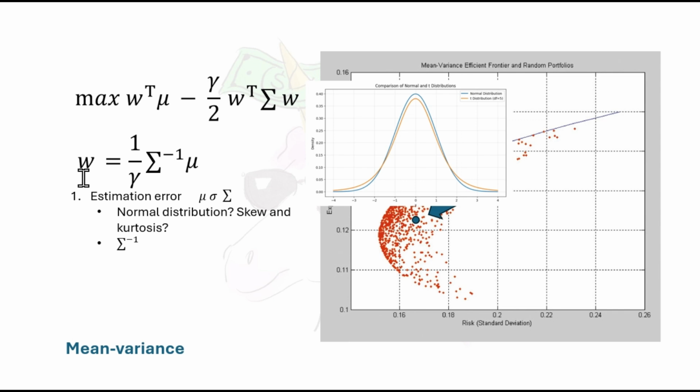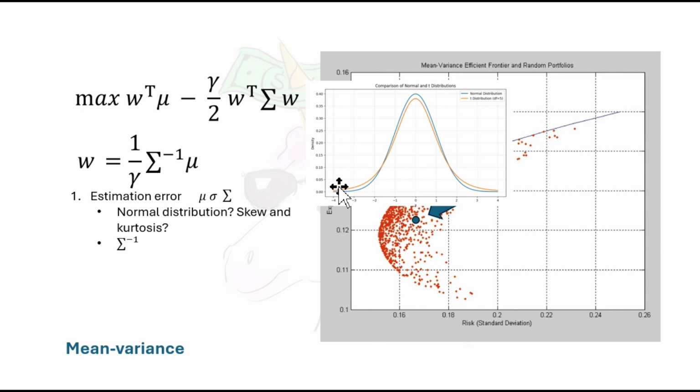The mean variance method assumes our returns to be normally distributed. But as we know, normal distribution is often not a good assumption when it comes to financial data. Many times we can observe fat tails. So maybe in this case, a t-distribution is a better approximation.